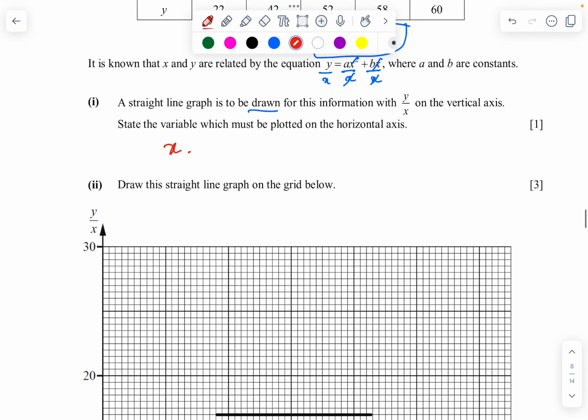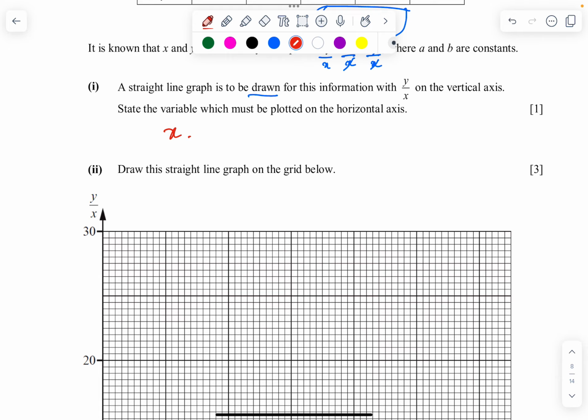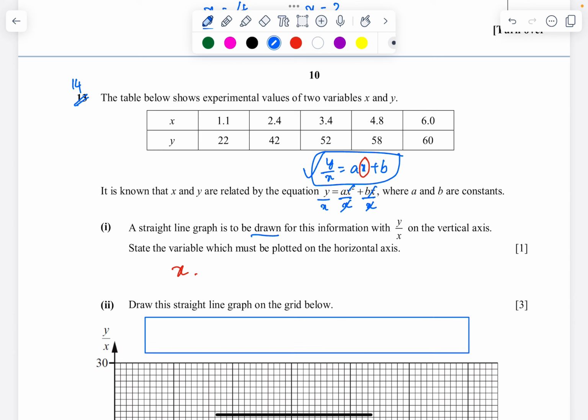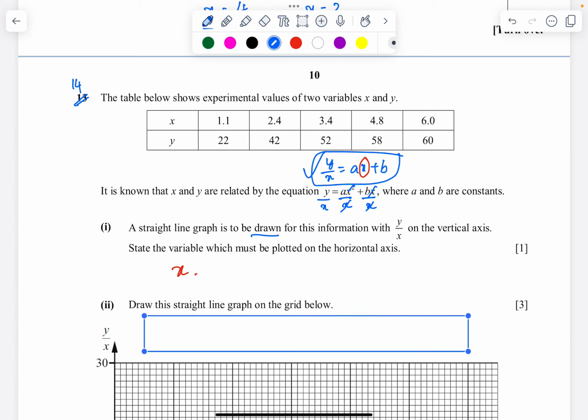All right. Draw the straight line graph on the grid. So now everything we need to change. I will make a table here again. So now I must change everything to 2, 3, 4, 5. So now this is x and this is y by x.